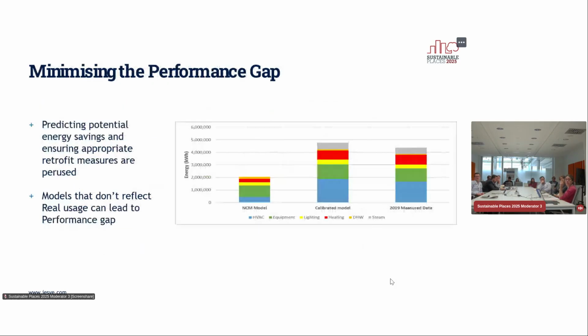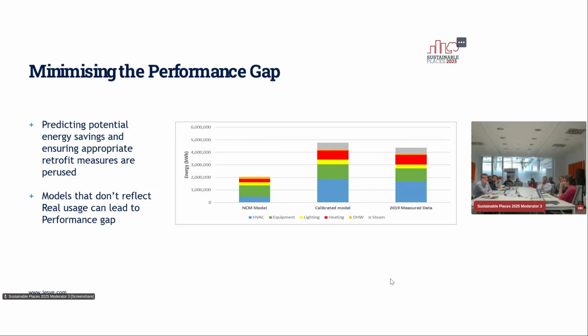And this was the comparison. The one on the left is the projected energy demand from the EPC, and then the calibrated model and the data set are the other two. So you can see how different that is compared to the real consumption and the predictions of the calibrated model.